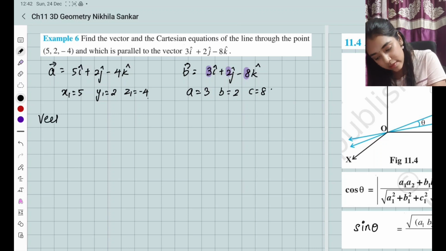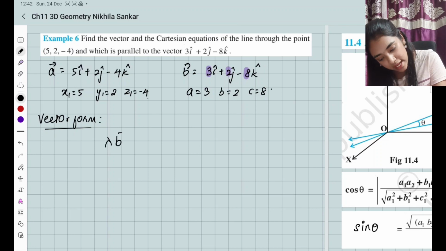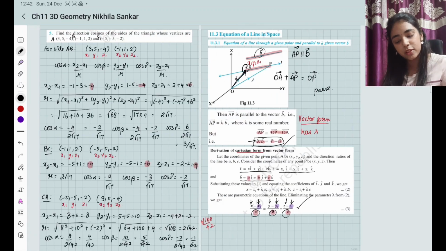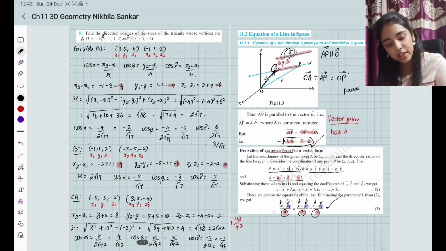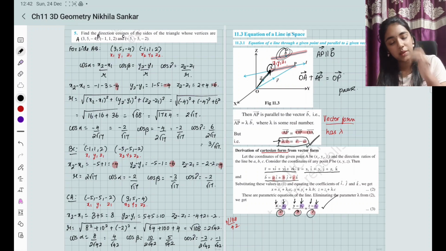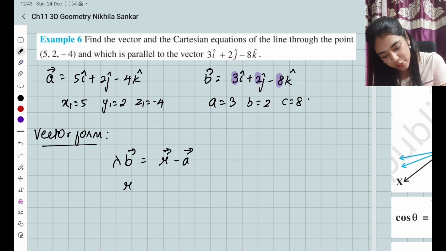Okay. So இப்போ first vector form. Vector form, the equation is going to be lambda b equals r minus a. Correct? இதான நம்ம பார்த்தோம். b is going to be the parallel vector and the equation is going to be lambda b equals r minus a. I need to find out what my r is which is going to be lambda b plus a. Okay, இப்போ இந்த value எல்லாம் substitute பண்ணலாமா?